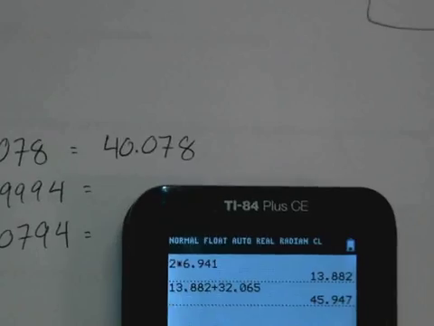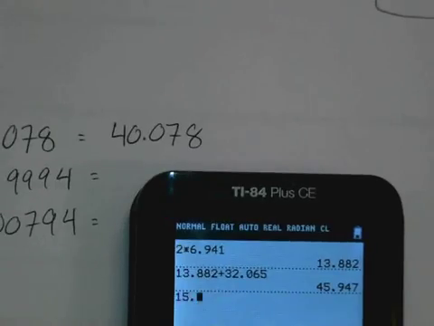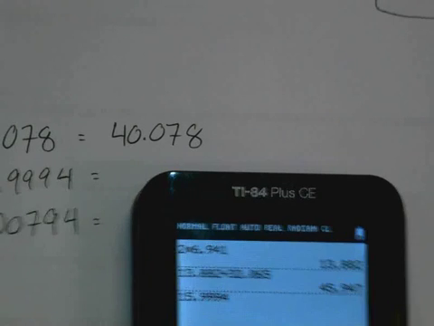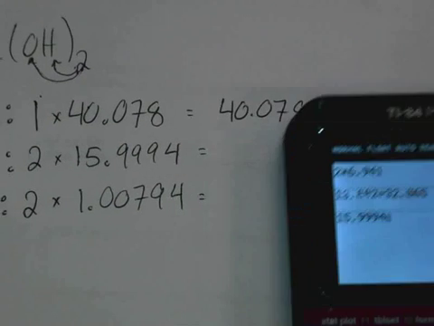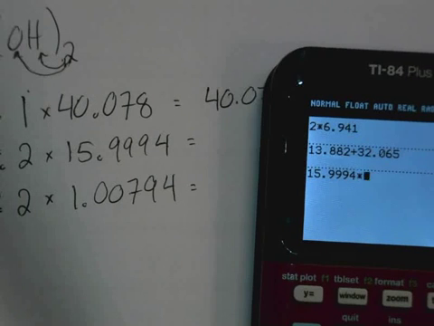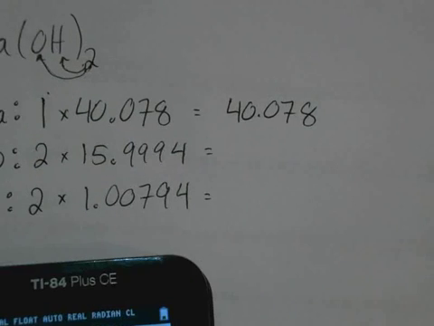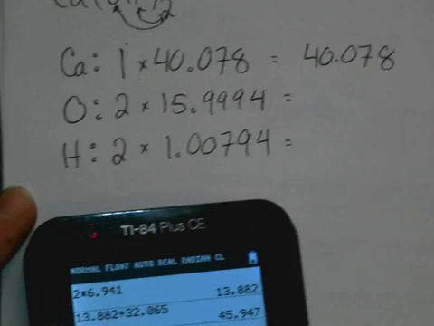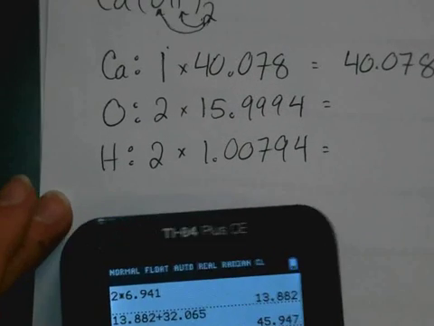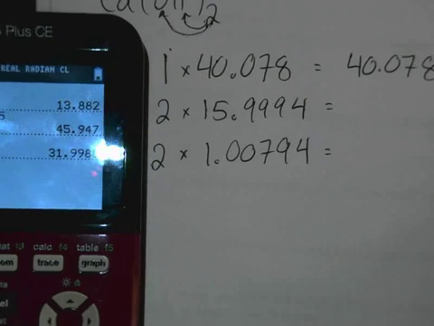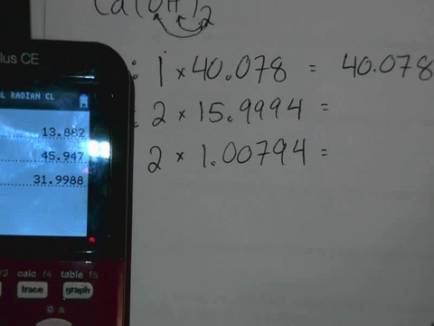For my oxygen, 15, let me put that here. I've got 15.9994 times 2 gives me 31. Let's see, I'm trying to figure out how you can see both of these. My apologies. Try that.